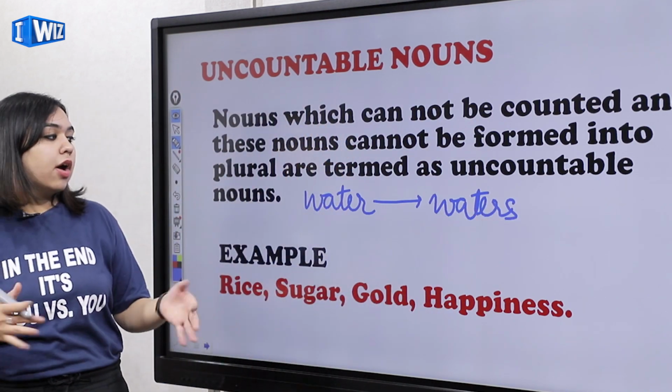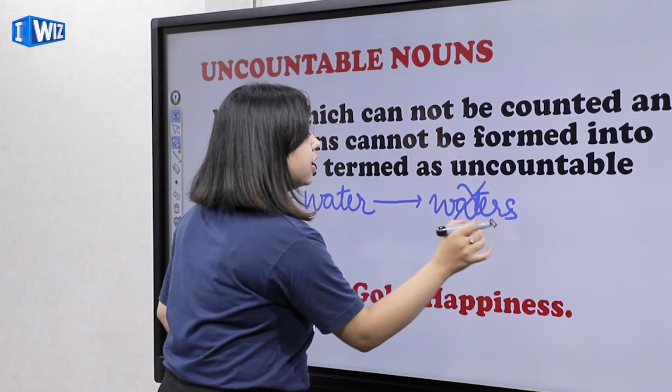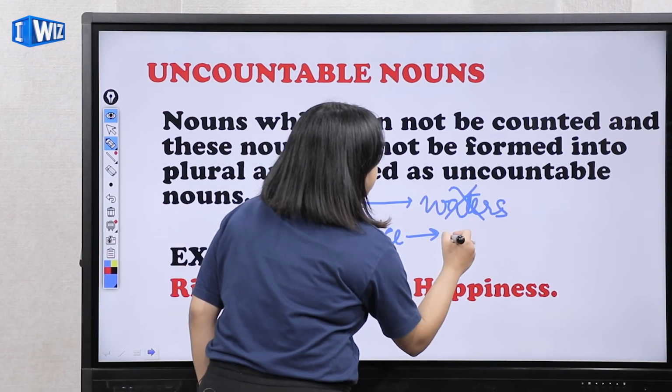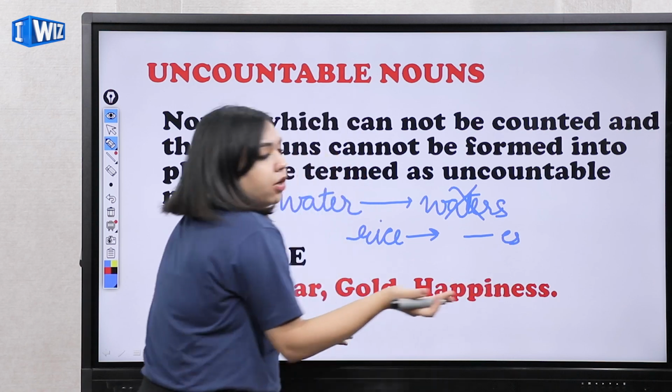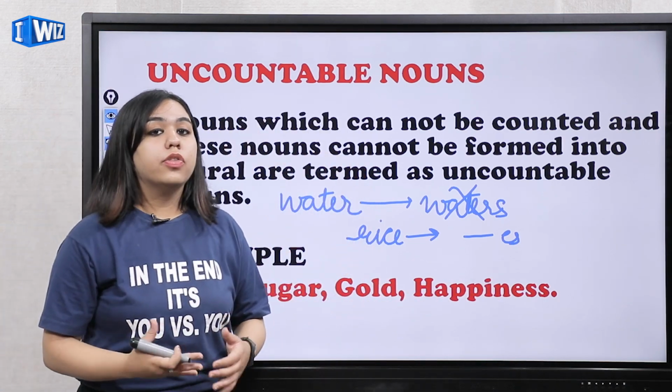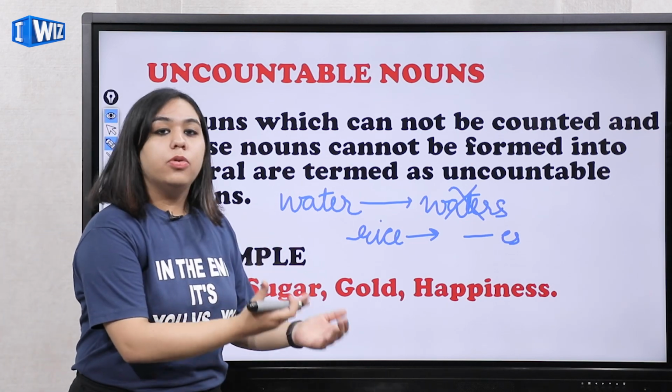No, waters as a noun doesn't make any sense. Can I say rice? Can I say rices? The same thing. No, I cannot do that. So the essence is that the nouns that you cannot count cannot be converted into plural forms.